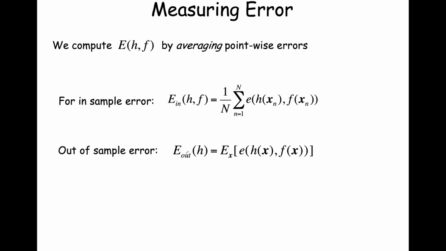So our out-of-sample error of some hypothesis h is the expectation, with respect to that probability distribution governing the feature vector instantiations, of that pointwise error between h(x) and f(x). Okay, so these are the ways we measure error. We measure in-sample error using our in-sample points, and out-of-sample error by expectation using that probability distribution that gives us our feature vector instantiations.